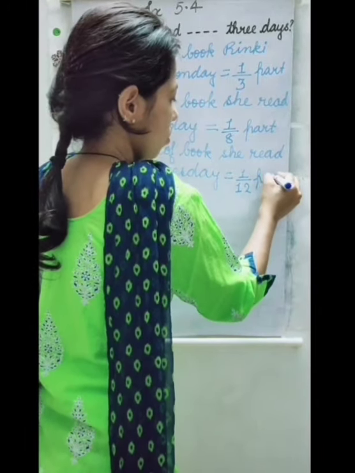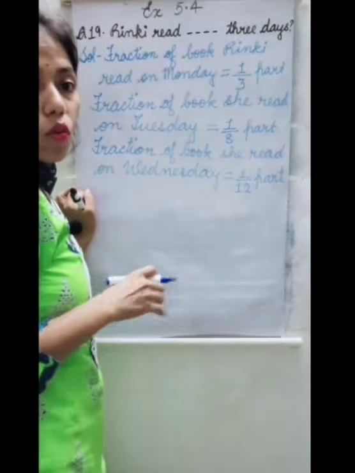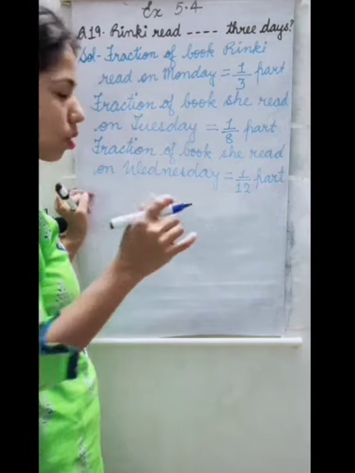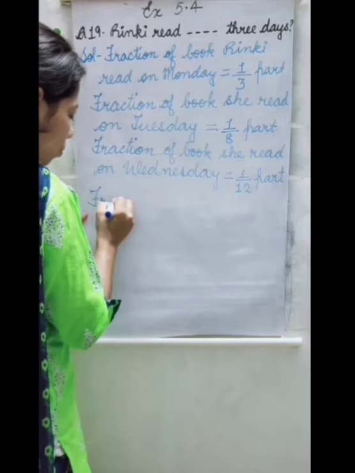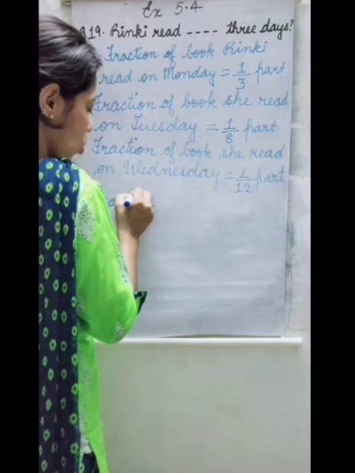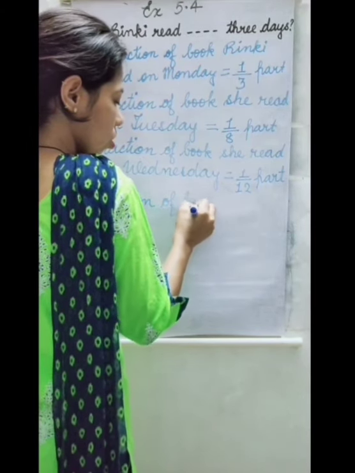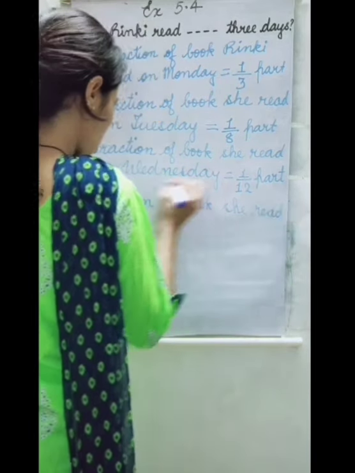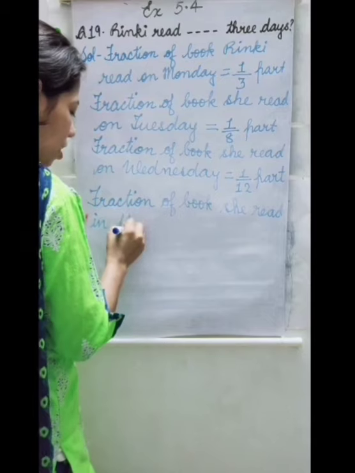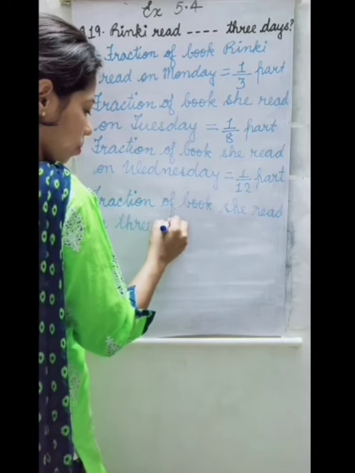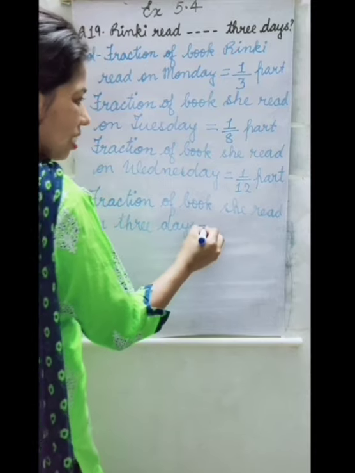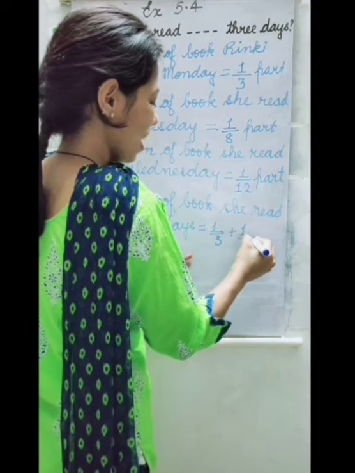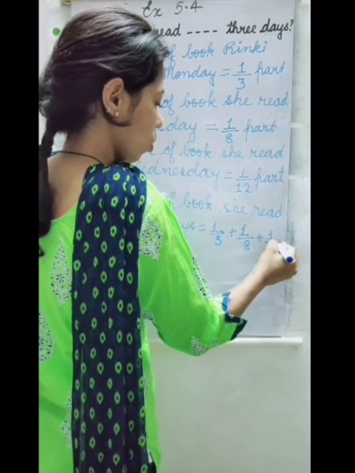1/12 part. And we have to find out what fraction of the book she read in 3 days. So the fraction of book she read in 3 days is equal to 1/3 plus 1/8 plus 1/12.